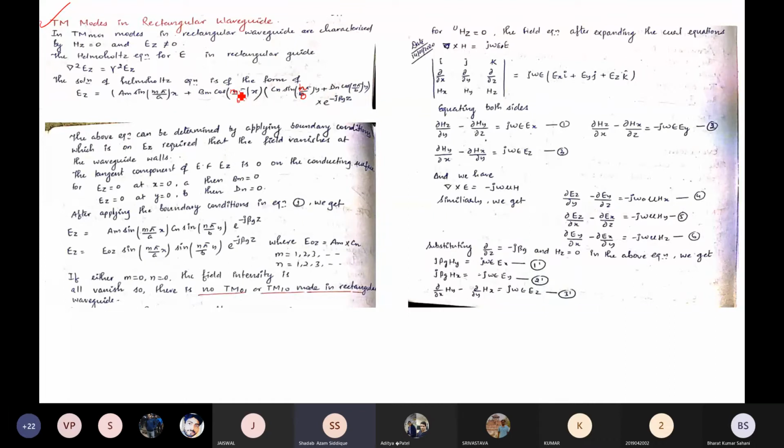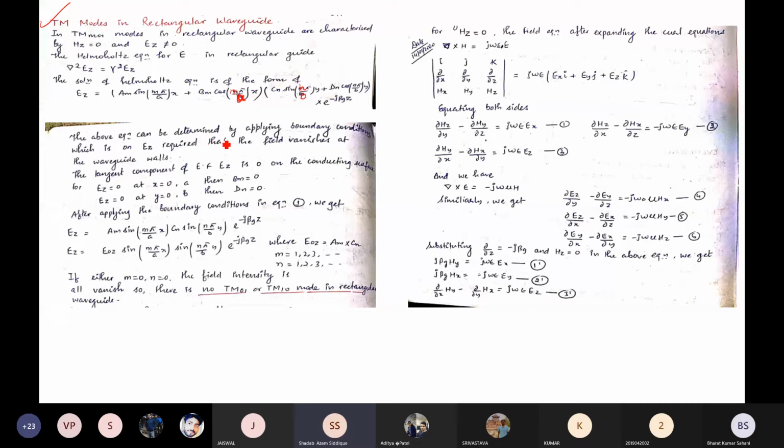We will go for the boundary condition and find out how Ez looks after applying it. The above equation can be determined by applying boundary conditions, which require that the field Ez vanishes at the waveguide wall.